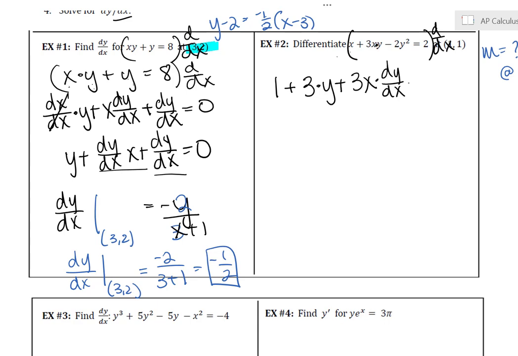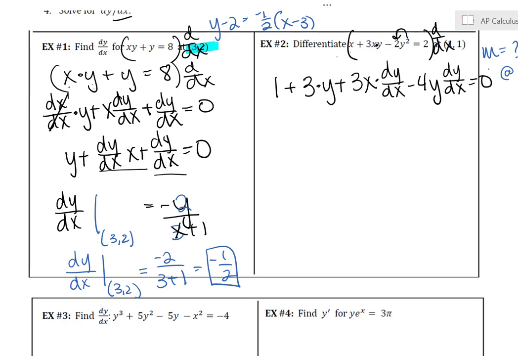This is going to be minus 4y, but then we also have that dy over dx, because 2 times 2 is 4, and you subtract that, but you're also taking that dy over dx, so that still has to be applied because you're taking the derivative in terms of x, so it can't go away because this is not in terms of x. The derivative of 2 is 0.